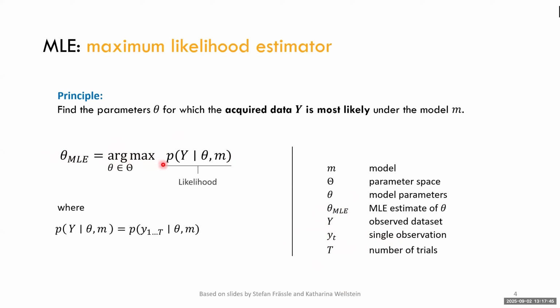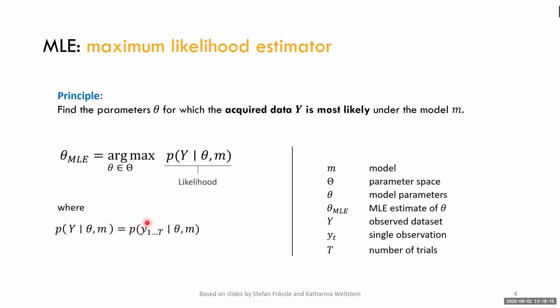So basically, we're trying to maximize this term here by varying and going through the model parameter space and trying to figure out which parameters are the ones that are maximizing this function. And the likelihood here is the probability of our observed data set given our model parameters and the model. And here, this is just a little reminder that our observed data set is comprised of multiple trials.